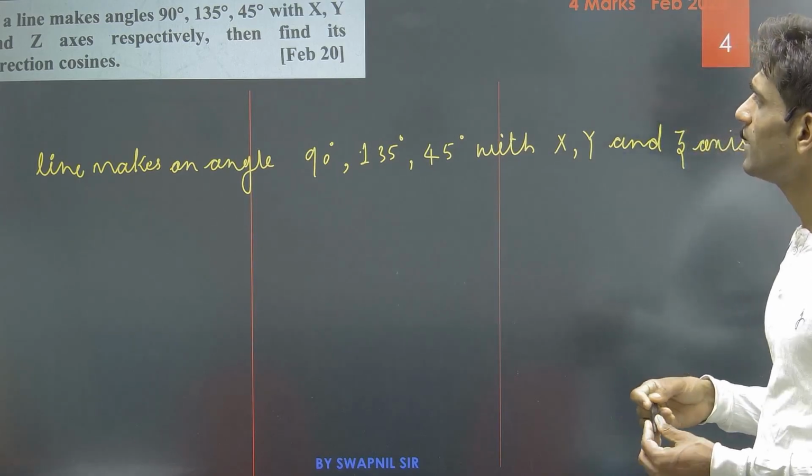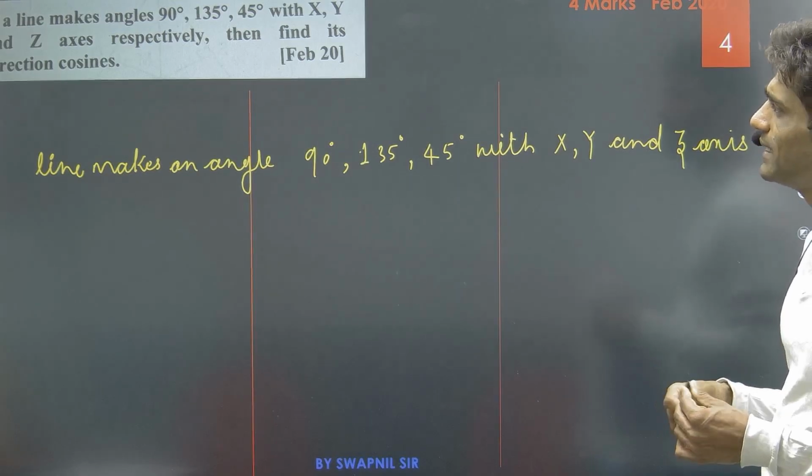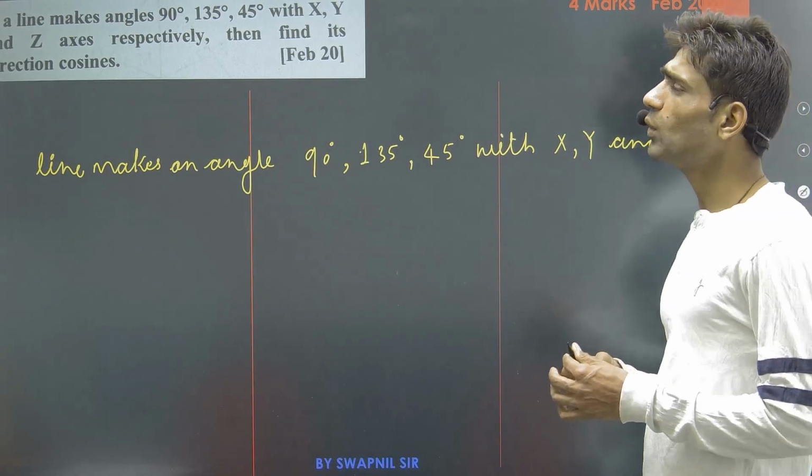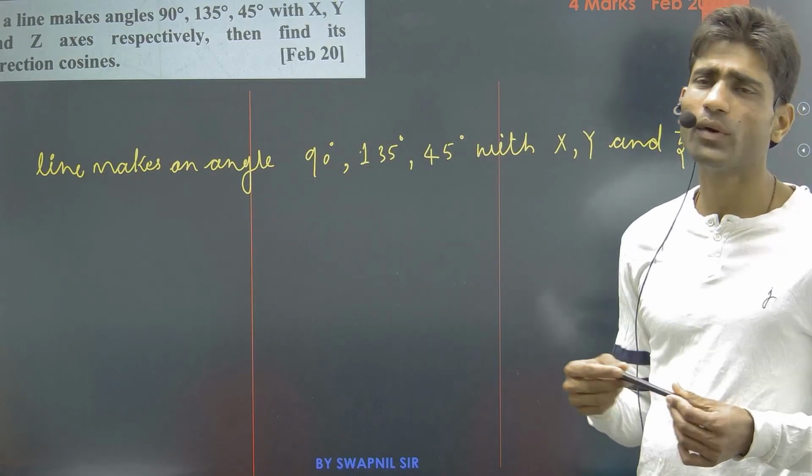The line makes an angle 90, 135, 45 degree with x, y and z axis respectively. Then we want the direction cosines for our angles.